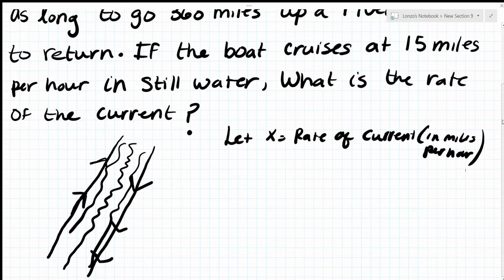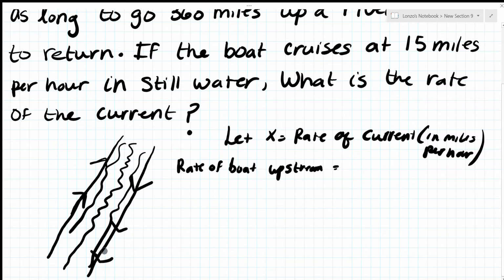What else do we know? Okay, so remember how I said current can go positive and it can go negative. So let's find the rate of the boat upstream. So upstream, actually we're going to go negative. We're going this way. This is what upstream means.